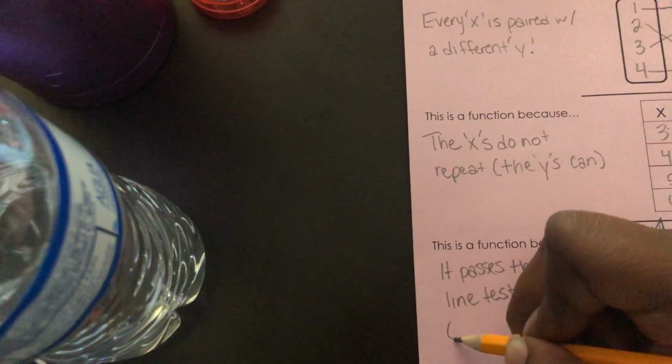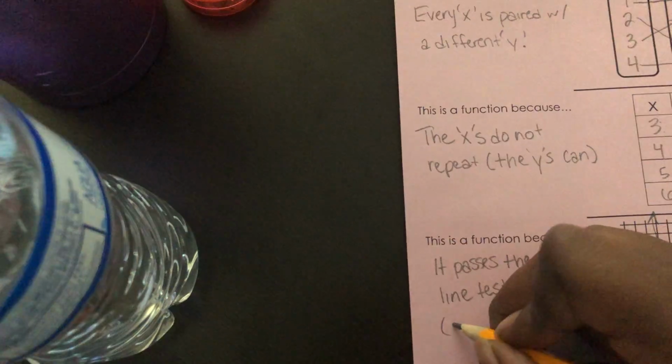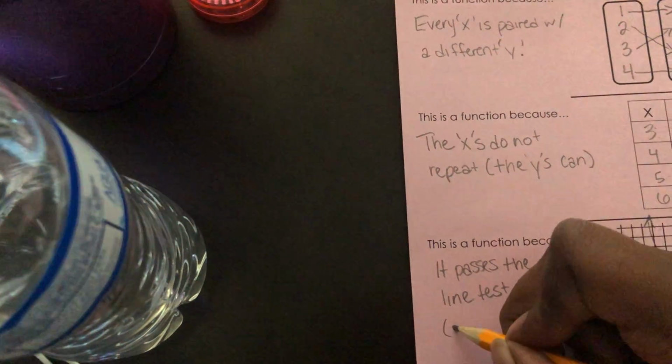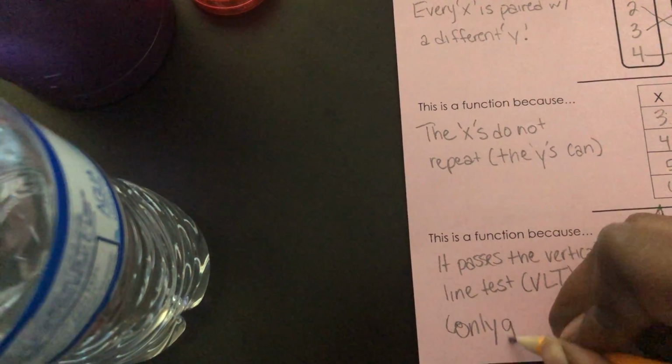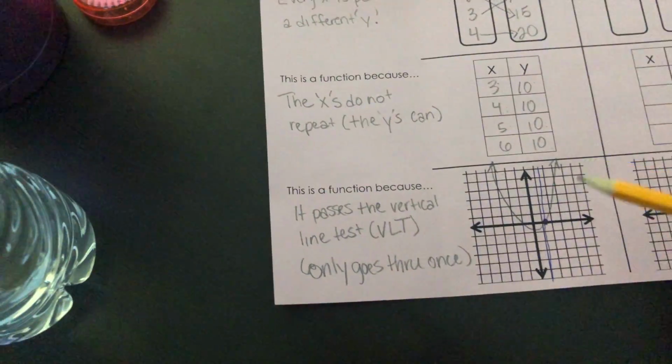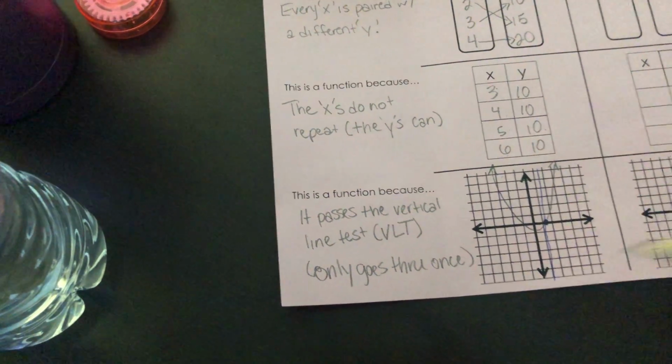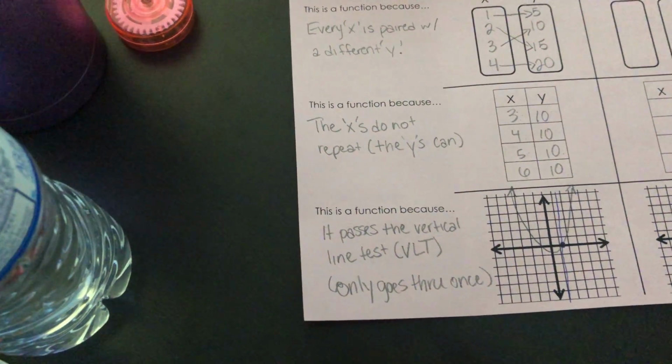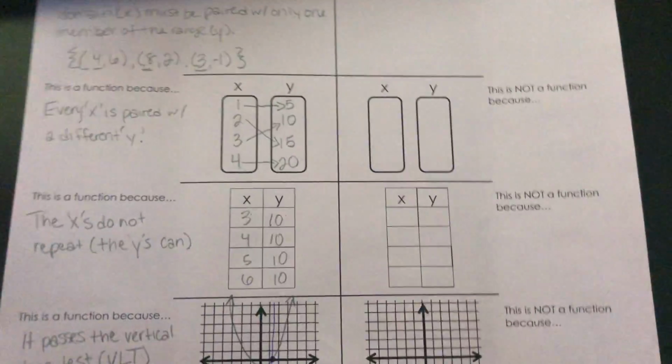And then in parentheses, we're going to put, of course, a little o. We'll say only goes through, and we'll shorten that through to like drive-through, as in through. Only goes through once. If that vertical line test were to go through more than one time, then it would not be a function. And that's part one. I'll make sure I upload part two in a second.